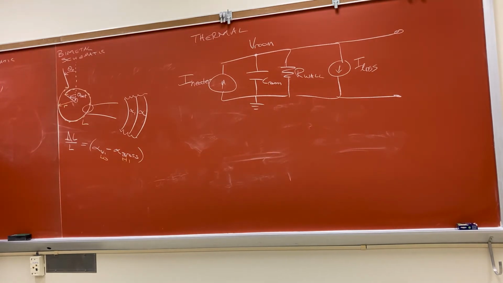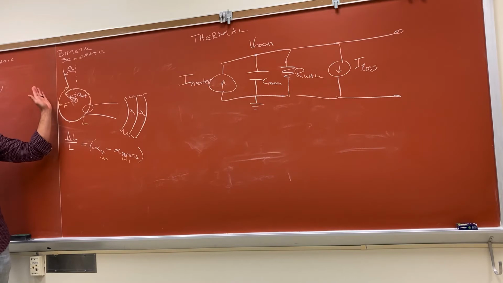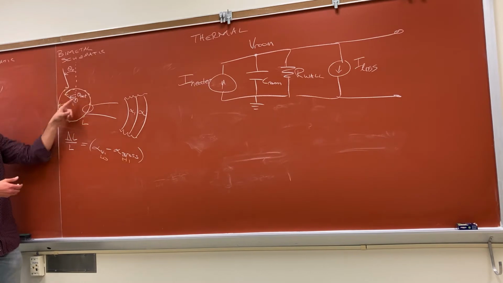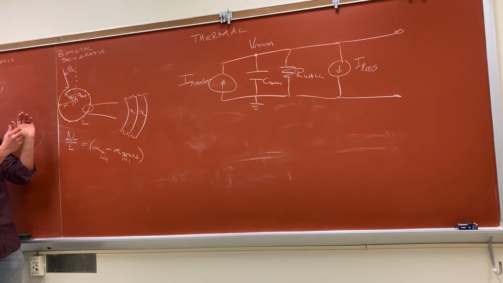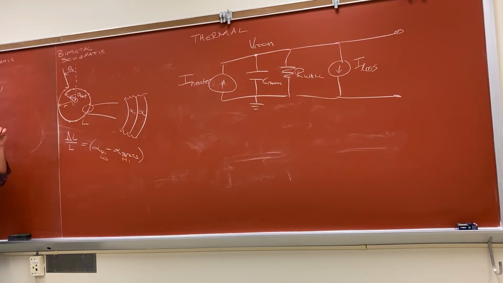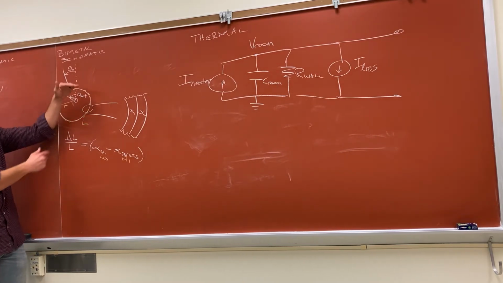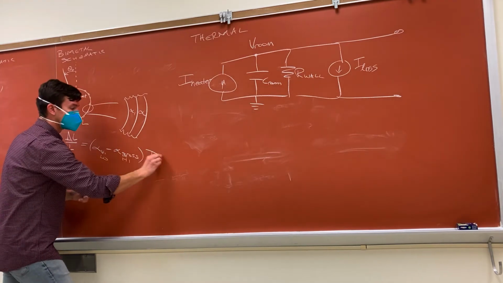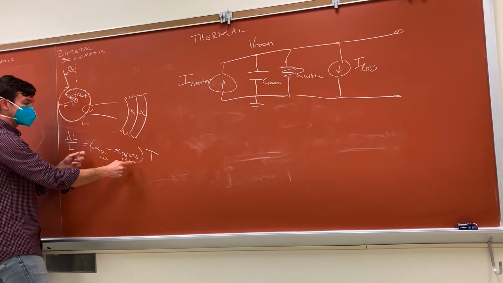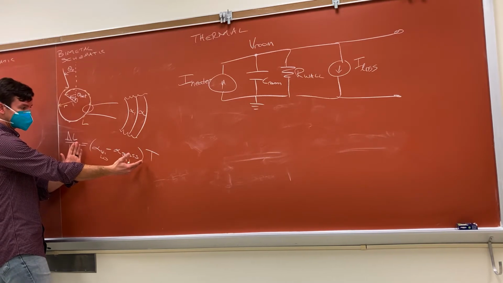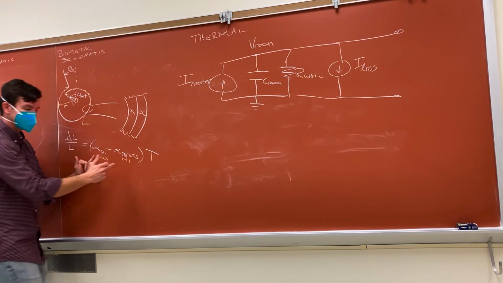Is the inner metal the higher or the lower alpha? Let's settle this once and for all. When the temperature goes up, I want the heater to turn off. So the way that I've drawn this, as the temperature goes up, I want this to contract. Let's flip that around. As the temperature goes down, I want this to expand. So as this goes down, I want this side to get bigger. So I need this to be negative, which it will be.